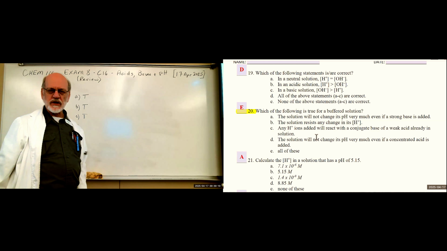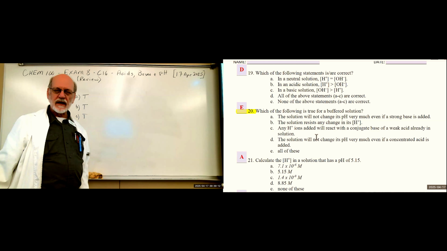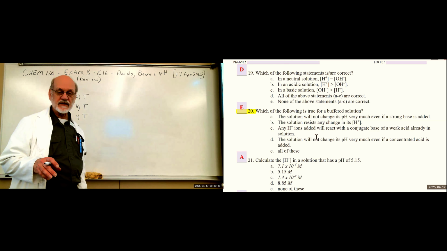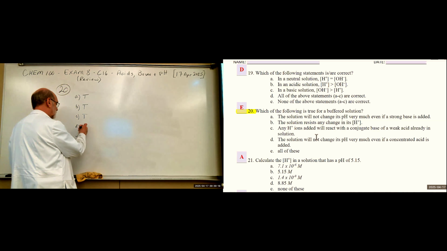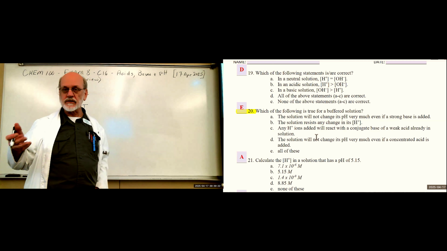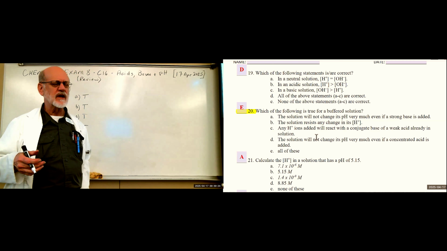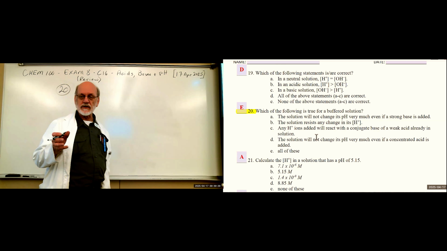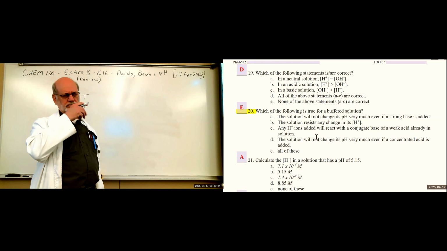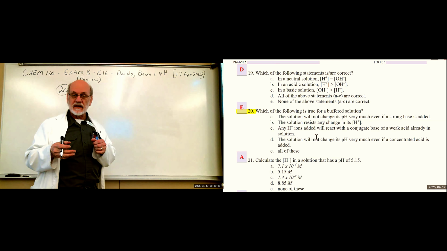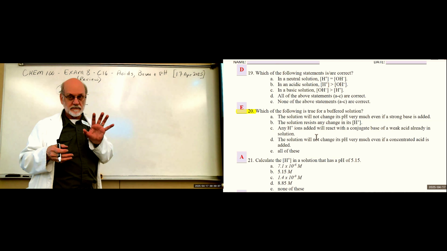The solution will not change. This is D. Its pH will not change very much, even if a concentrated acid is added. Well, yeah, that's true. You know, up to a point, right? There's a concept that we didn't discuss in class called buffer capacity. As long as you are able to stay within the buffer capacity, then all of these statements are true.